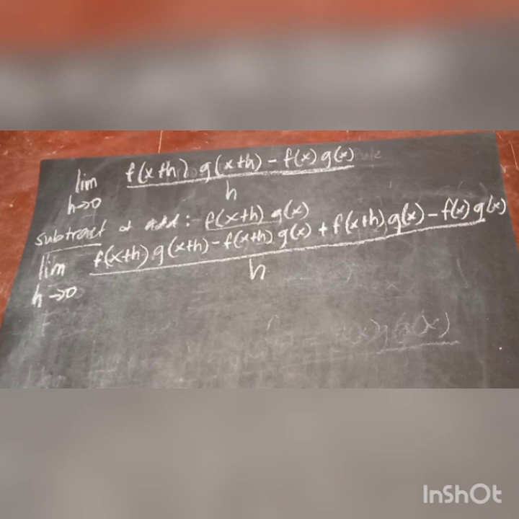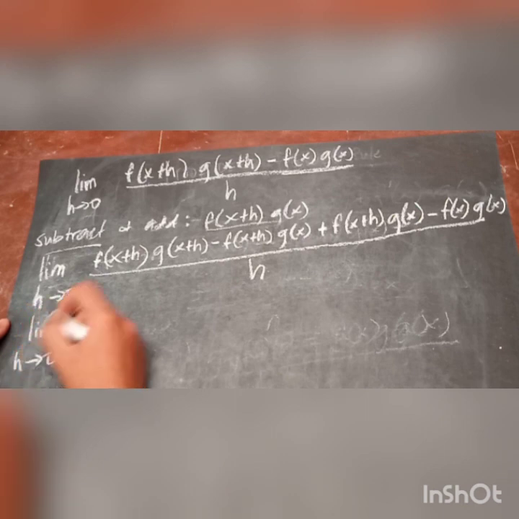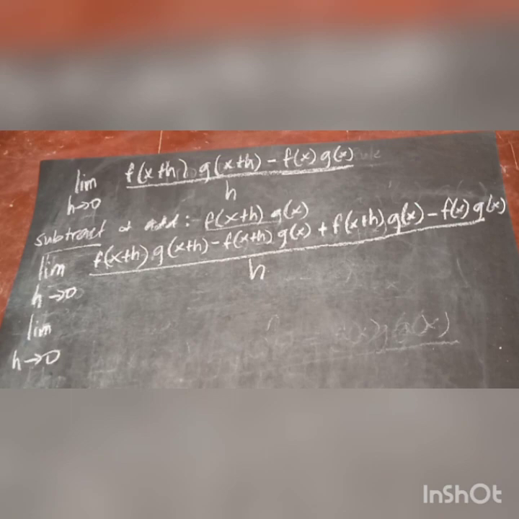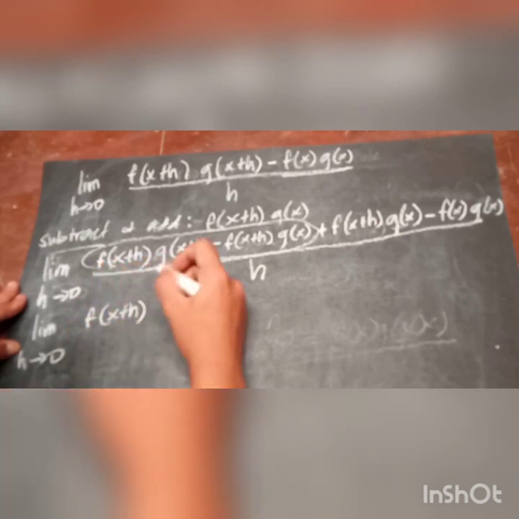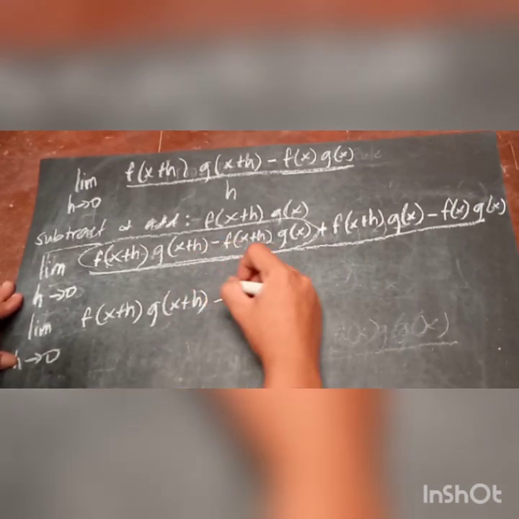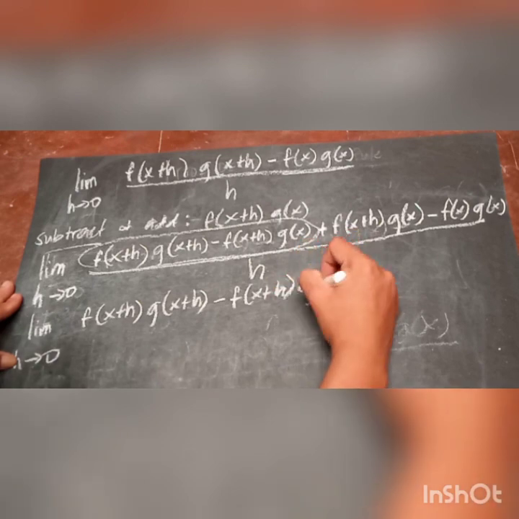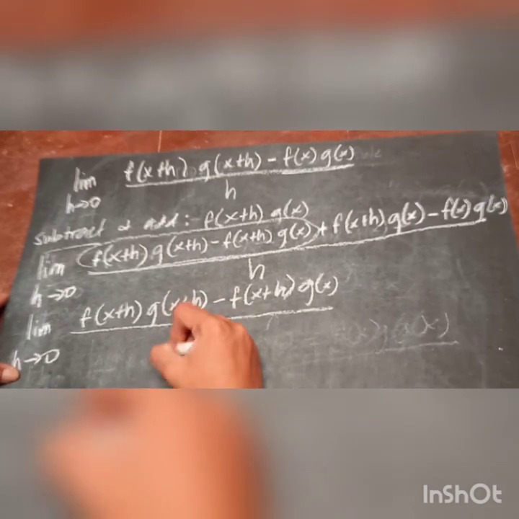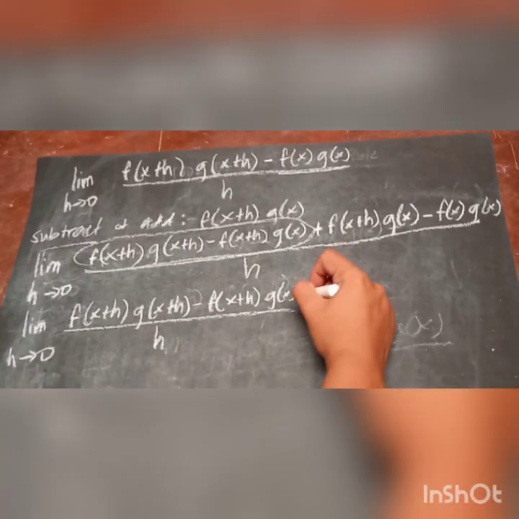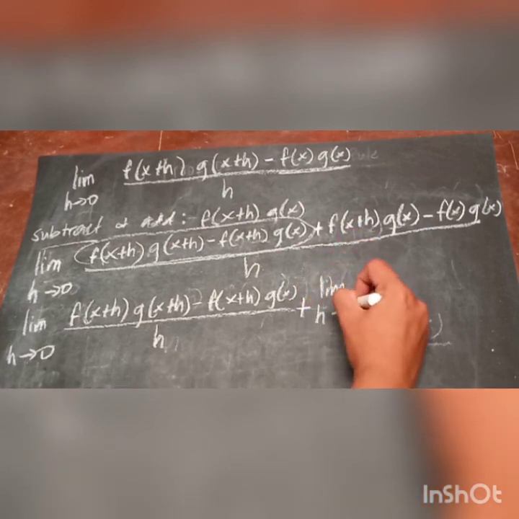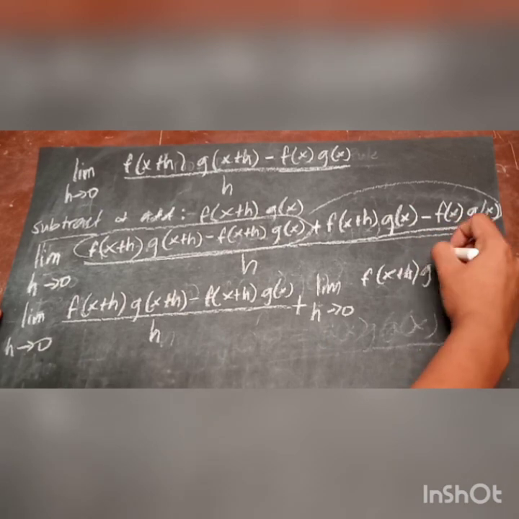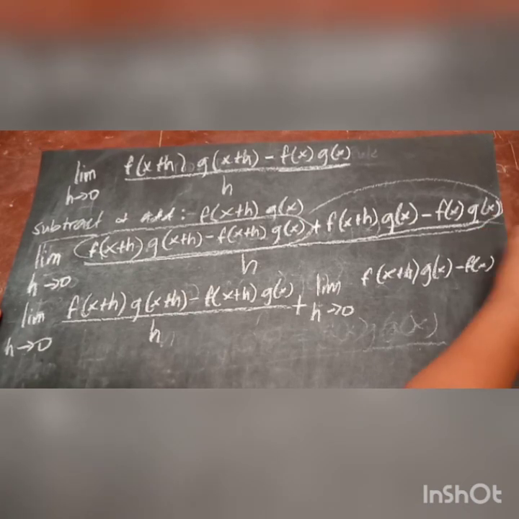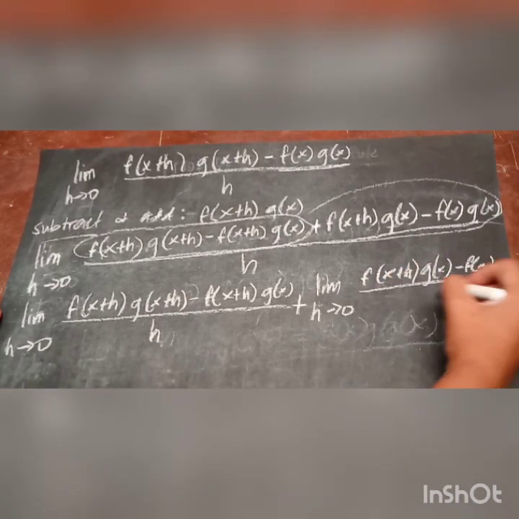So now, I'm gonna split this into two couples of terms. The limit as h approaches 0 of f of x plus h times g of x plus h minus f of x plus h times g of x, all over h, plus the limit as h approaches 0 of the remaining one: f of x plus h times g of x minus f of x times g of x, all over h.